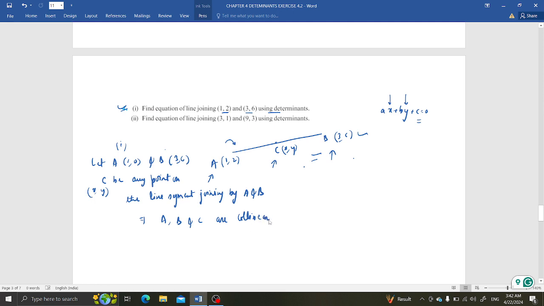If all these three points are collinear, it implies that the area of triangle ABC will be 0.